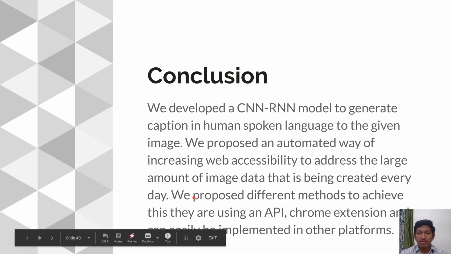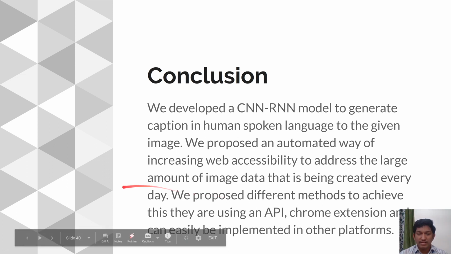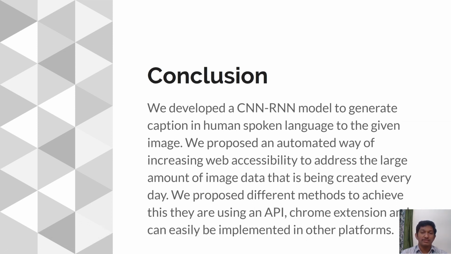Then we proposed an automated way to increase web accessibility to address the large amount of image data being created every day. We proposed different methods to achieve this, using our API and Chrome extension, and it can also be easily implemented on other platforms.